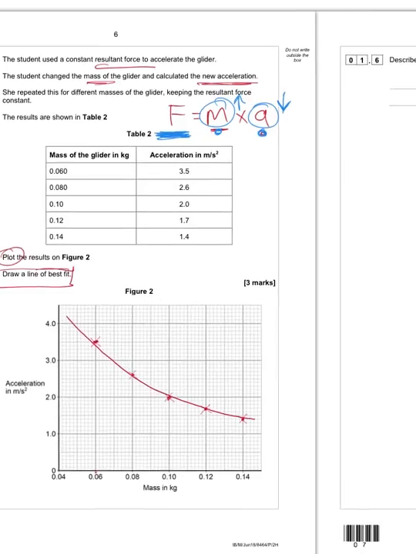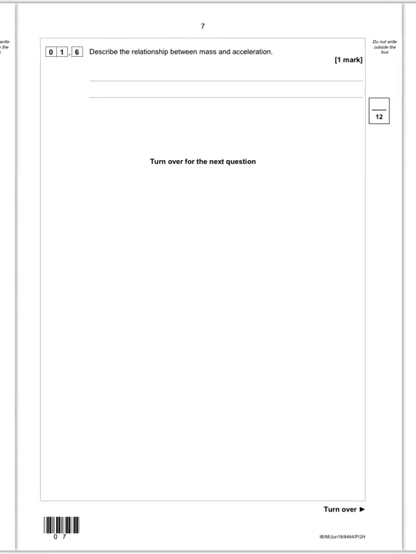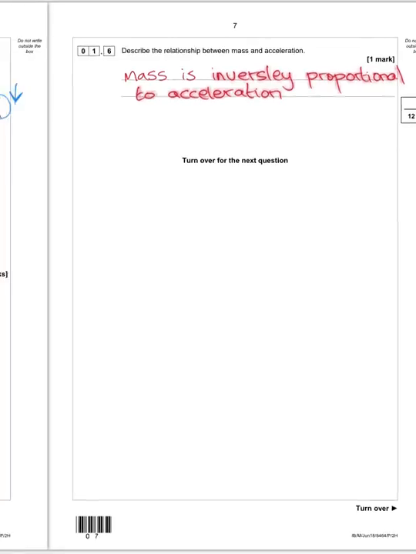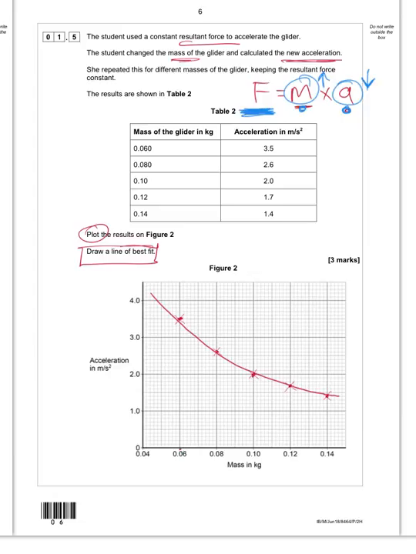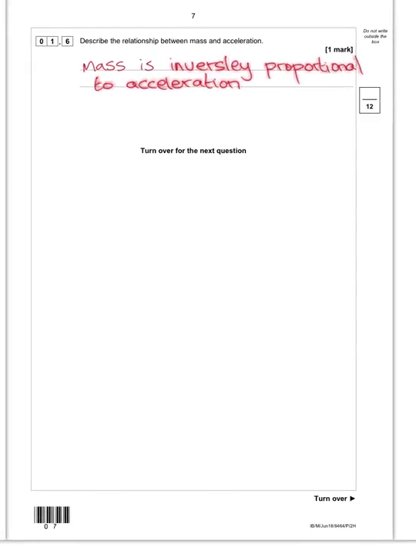So that's 1.5 done, and 1.6, the relationship between mass and acceleration. The answer they're looking for is that mass is inversely proportional to acceleration. Again, you could have written that as mass increases, acceleration decreases, but when you see a curve like that, where as mass increases, acceleration decreases on a curve, chances are it is an inversely proportional relationship, and that's the one that is on the mark scheme for 1 mark.